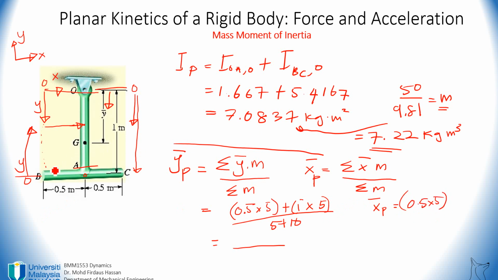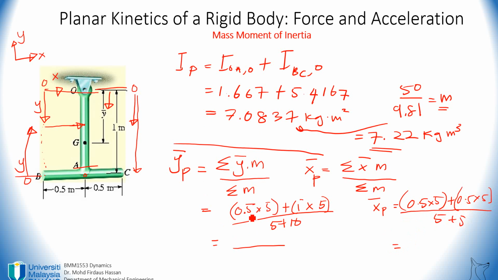How about rod BC? Similar. From here to here is also 0.5 meter in x. So you have 0.5 times 5 divided by 5 plus 5.